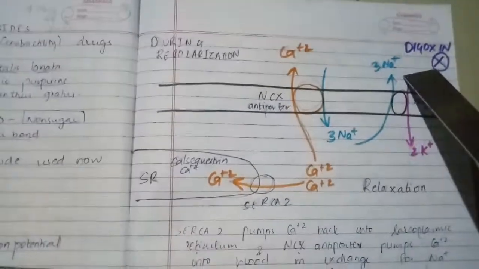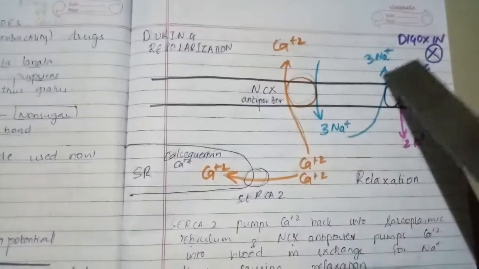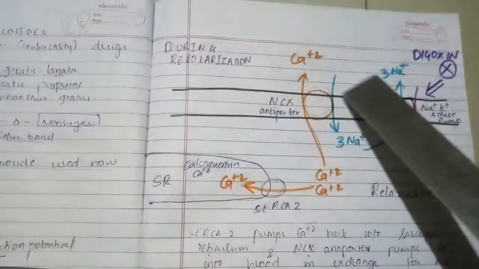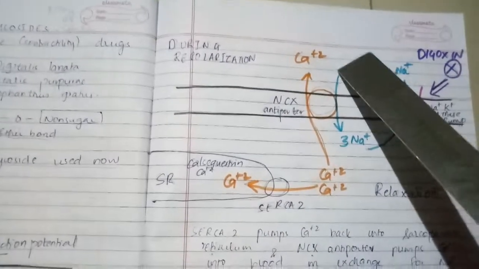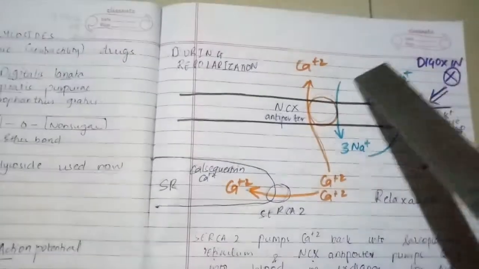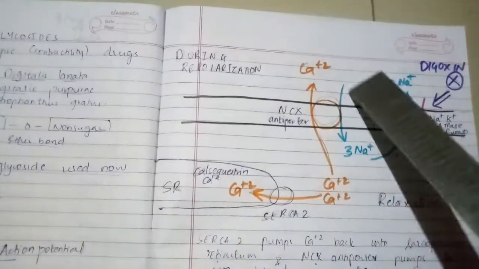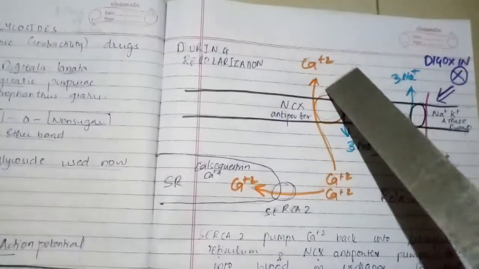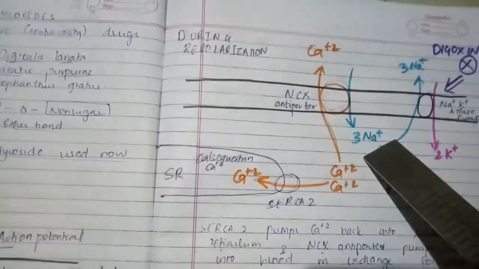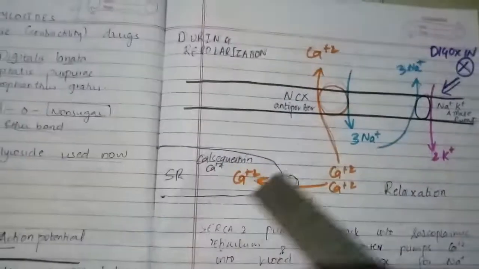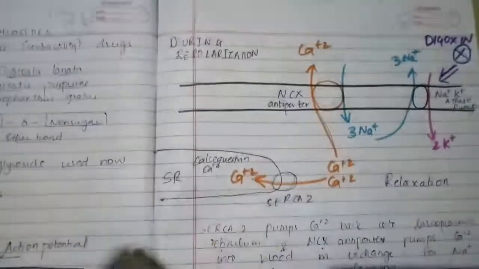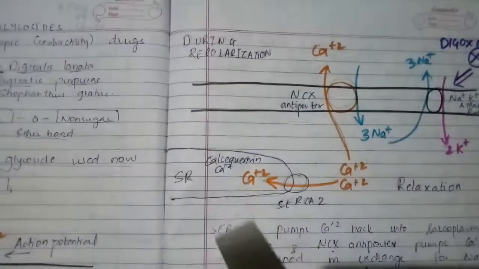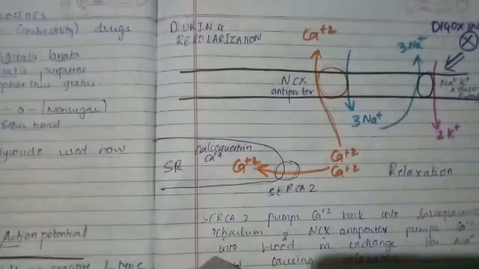Digoxin inhibits the pump, so sodium accumulates, the gradient is not maintained, sodium is not able to come inside, the NCX is not working much, and calcium is not going out. Calcium slowly accumulates in the cytoplasm as well as the sarcoplasmic reticulum, so after every contraction there is more release of calcium from the sarcoplasmic reticulum, and the force of contraction is greater after every cycle.